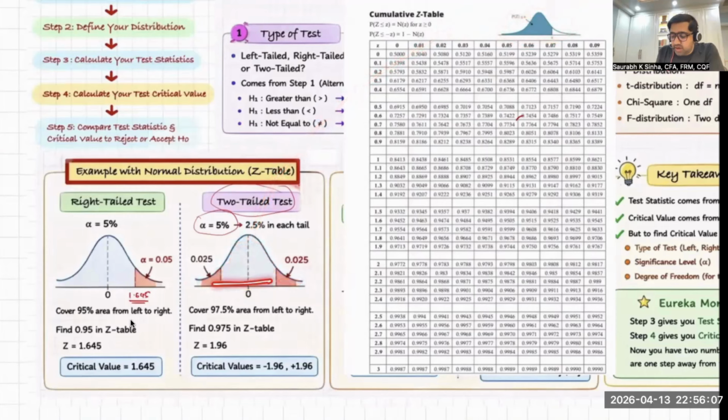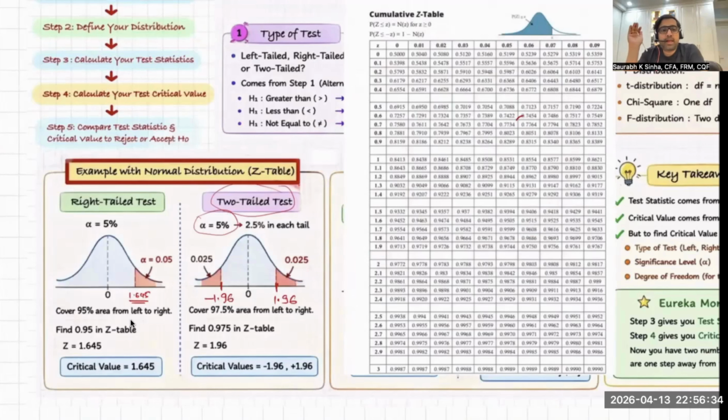So let's look for 97.5%. That is 1.96, and that is your critical value. The other side is the mirror image, so it is negative 1.96. That is the critical value for a two tail test.